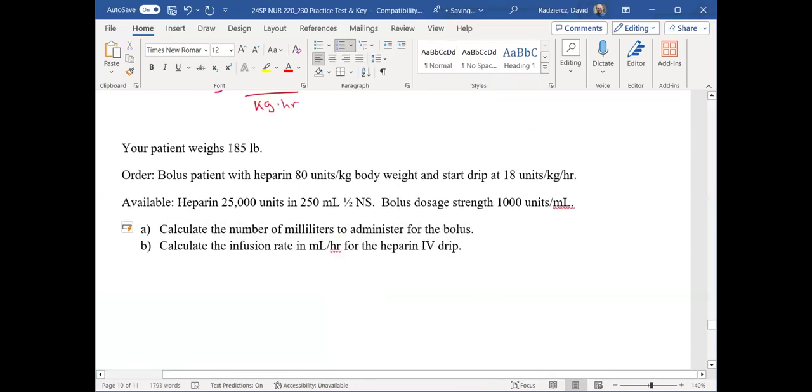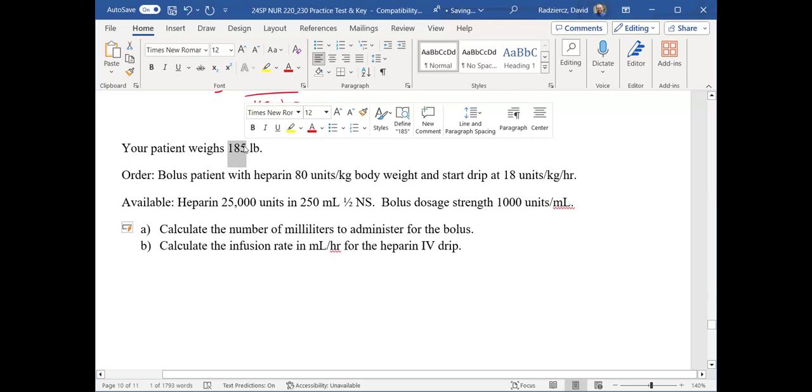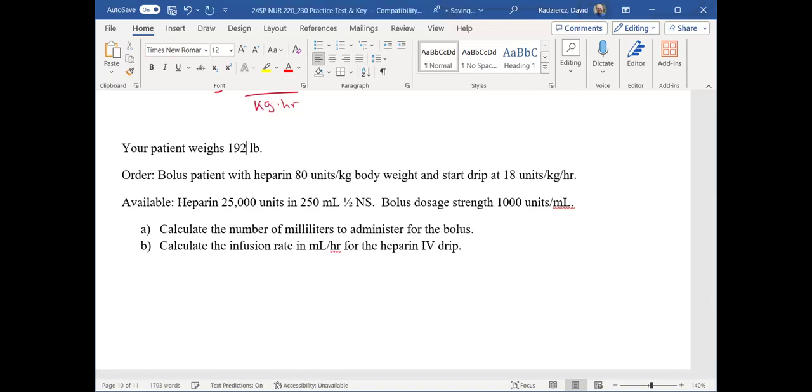All right, so I'm just going to change the patient's weight. Let's just make this person 192.